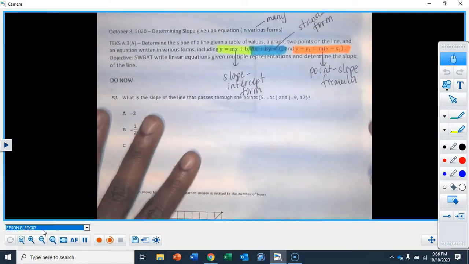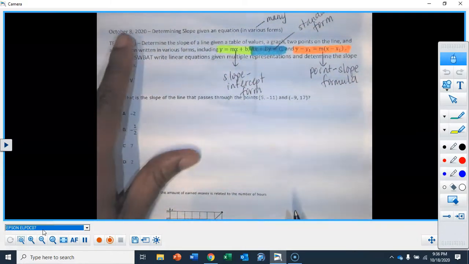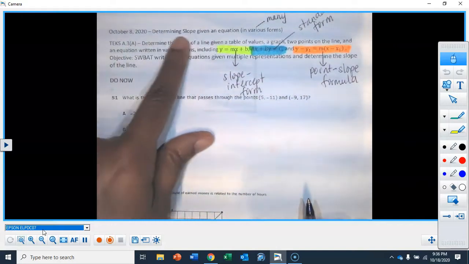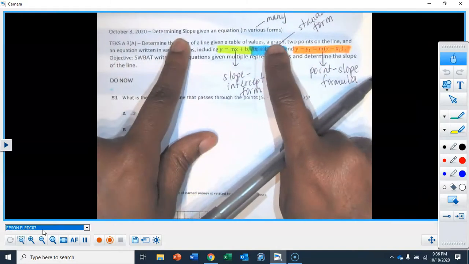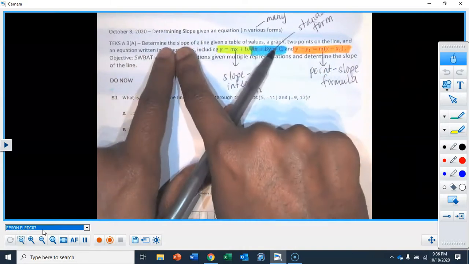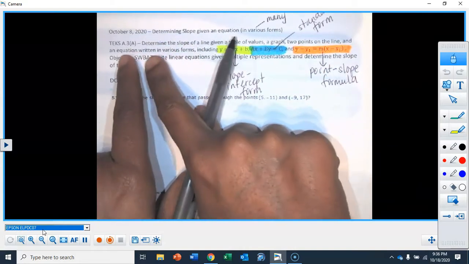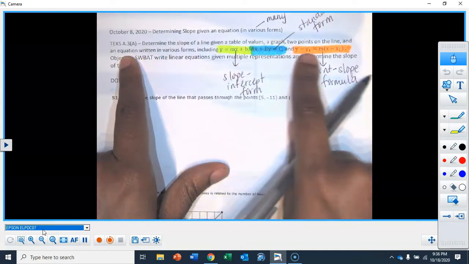So the whole point of Unit 3, as we jump deeper into it, is, of course, we talked about on October the 7th, it was rate of change, how to find the slope when we are given a graph, when we have 2 points, or if we're given a table. So another thing we have to do is determine the slope when we're given equations written in these 3 different forms.